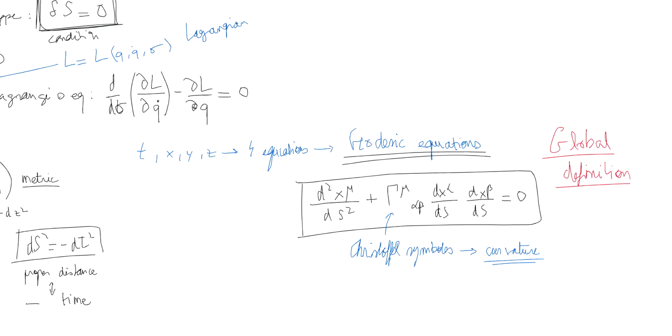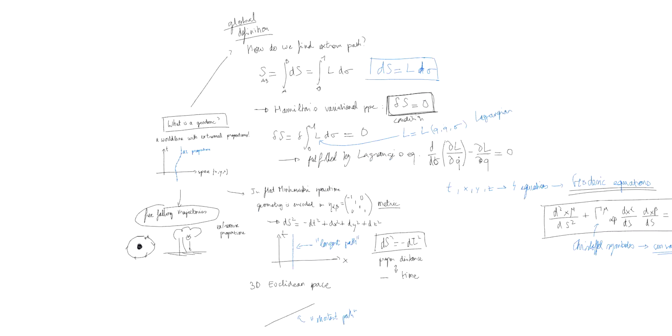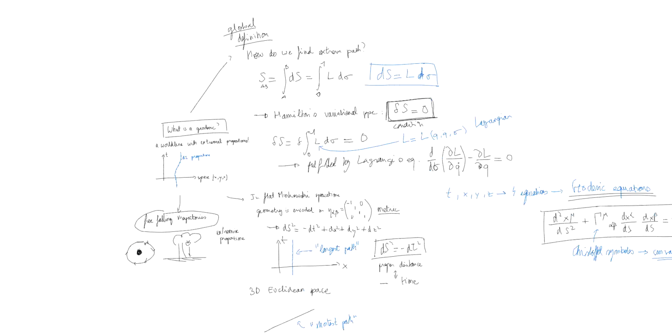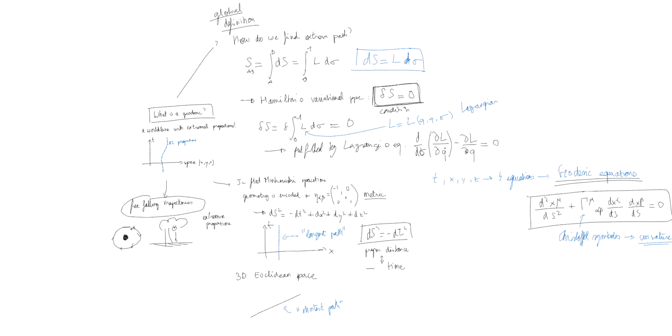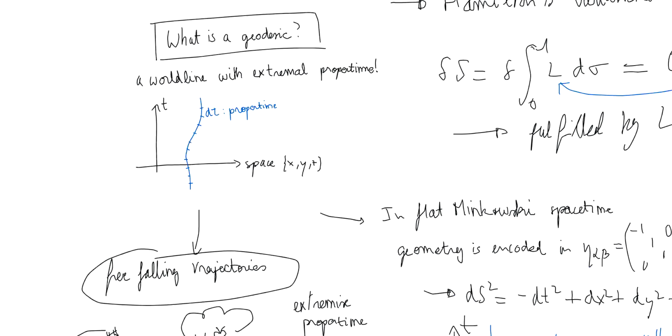So let me summarize briefly what we did today. We asked ourselves what is a geodesic, and I answered that a geodesic is a world line with extremal proper time. What is a world line? It's a trajectory that we all draw through spacetime, which must be encoded in your light cone.